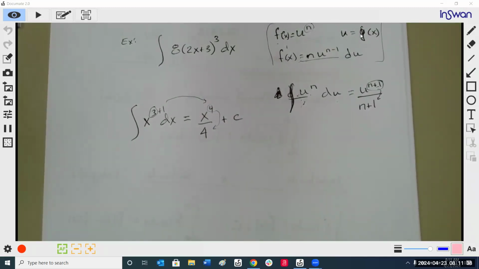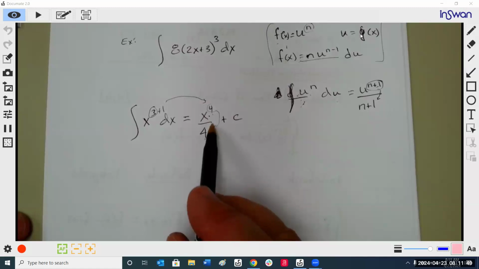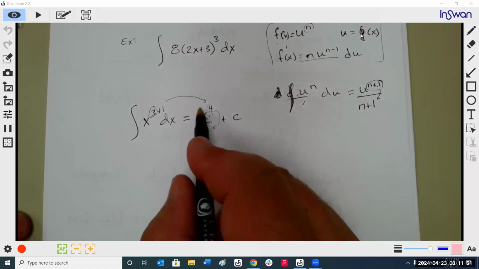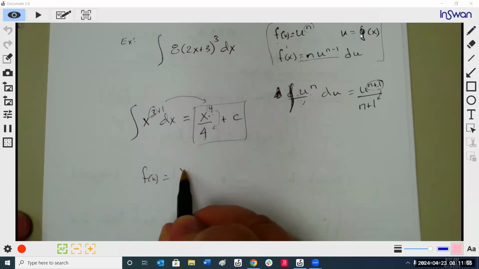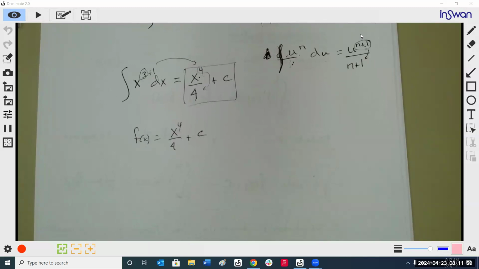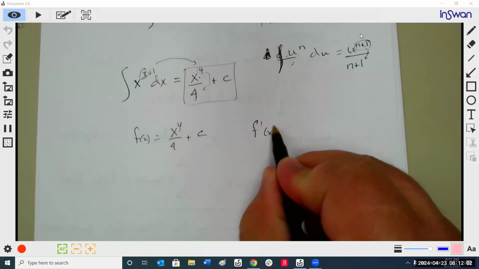Always check your answers. How would you check your answer? Take a derivative of this. If this is your function, if f of x equals x to the 4 over 4 plus some constant, what's the derivative?